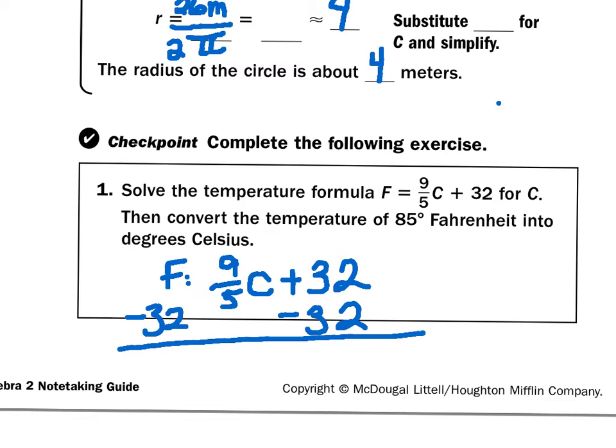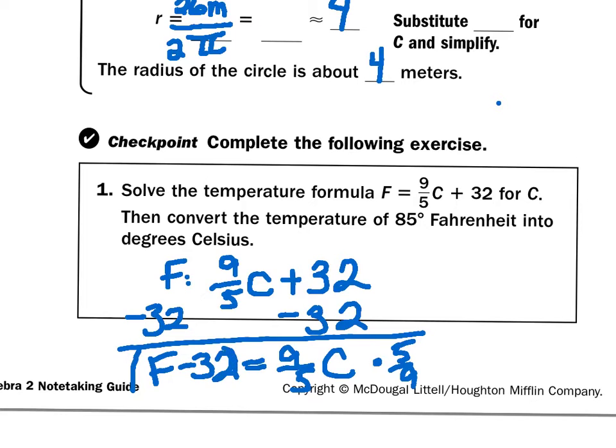And that'll leave me with F minus 32 equals 9/5 of C. Now I want to get C by itself, so I need to multiply by the reciprocal of 9/5, which is 5/9. And then I need to multiply this side. And not just my F, I need to multiply the whole side by 5/9. So I can put that in parentheses and put 5/9 out here.